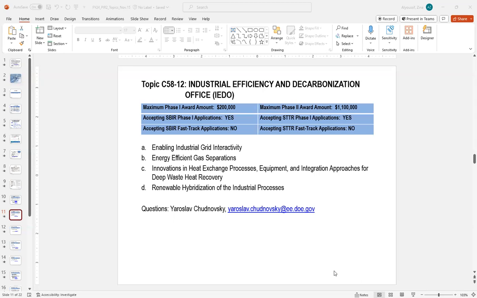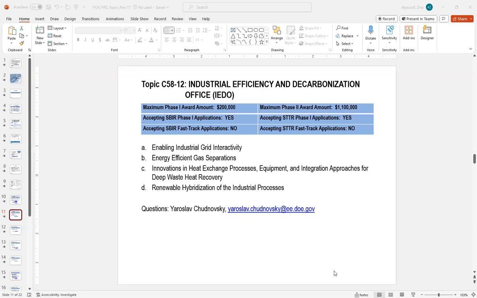Is topic 12A related to gas burners optimization rather than electrification? Not all dryers and burners can be electrified. Yeah, so this topic is focused on electrification and specifically on flexible electricity use.